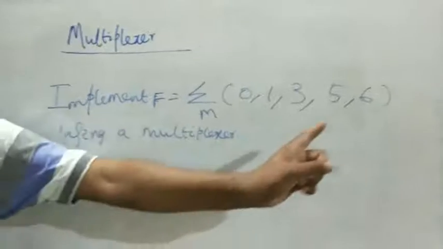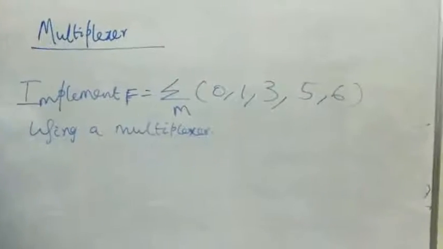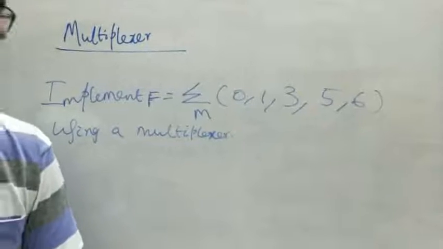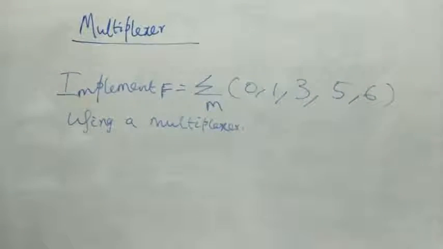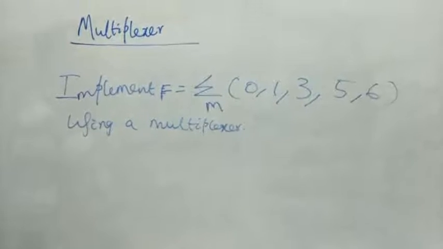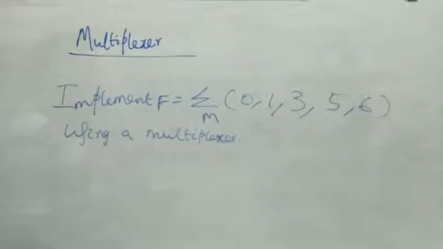First you look at the given min term 6. Okay, so how many bits are there? 110, right? So we need to write the values starting from 0 to 7, because that is the last 3-bit number.